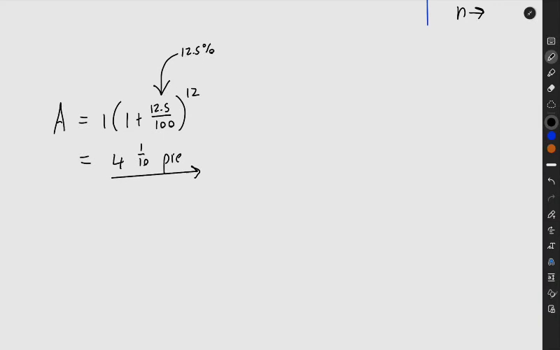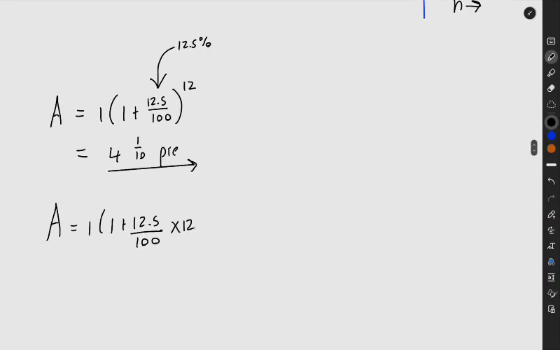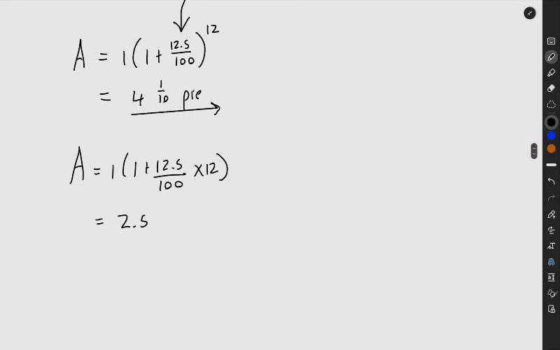If this were merely simple interest, so let's do the simple interest calculation. So 1 plus 12.5 over 100, that's 12.5%, times the amount of terms, 12, you would get an answer of about 2.5. Now, 4 1/10 of a pie is much better than 2.5 pieces of pie.